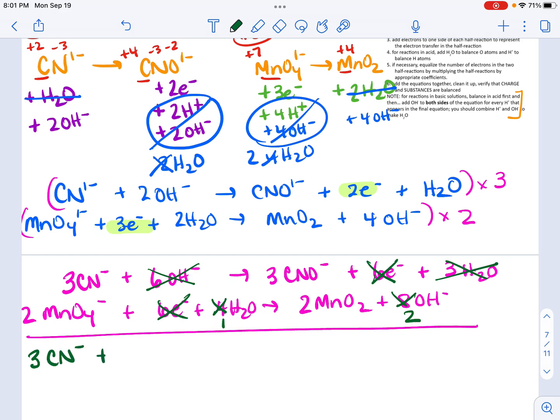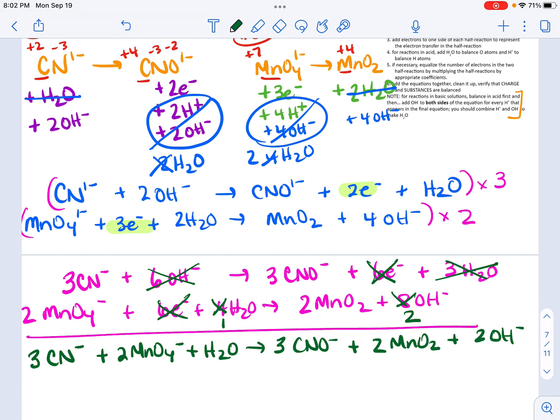3 CN minus plus 2 MnO4 minus plus water, one of them, yields 3 CNO minus, 2 MnO2, and 2 OH minus. And I'm going to check everything one last time.